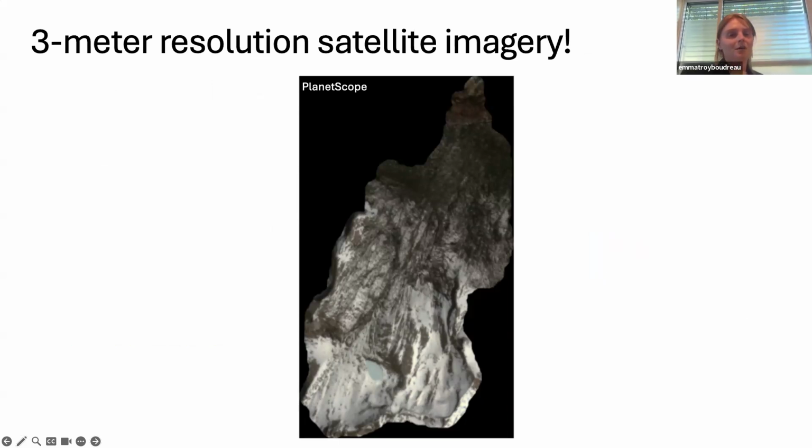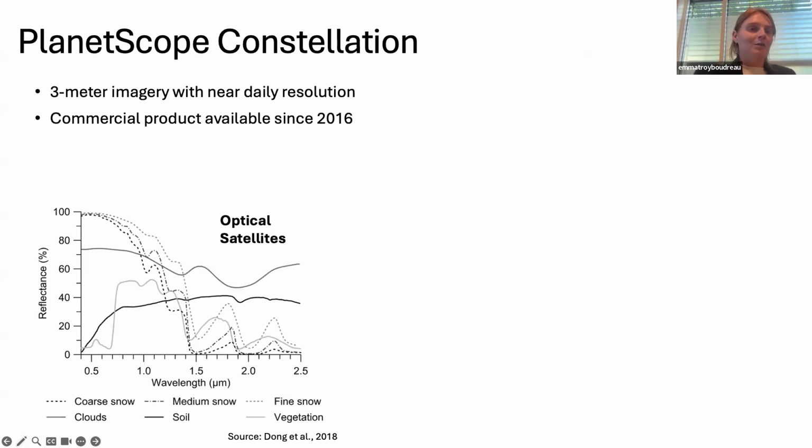So if we have these optical satellites, here is a PlanetScope image. PlanetScope constellation is 3-meter optical satellite imagery, but it has near daily resolution. So you're not limited by the repeat flights, say, LiDAR has, but you still have that high resolution.